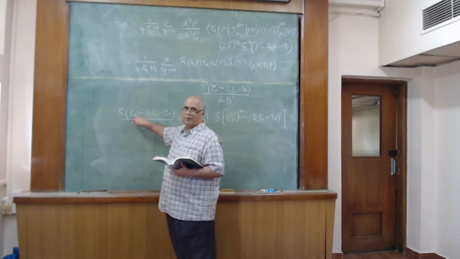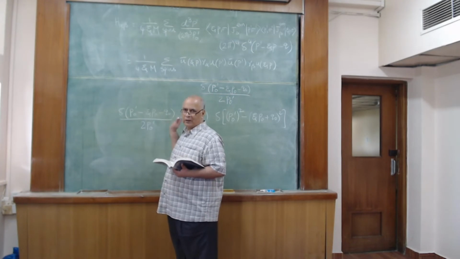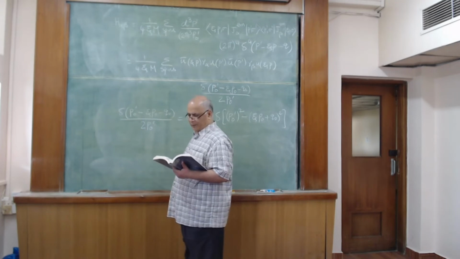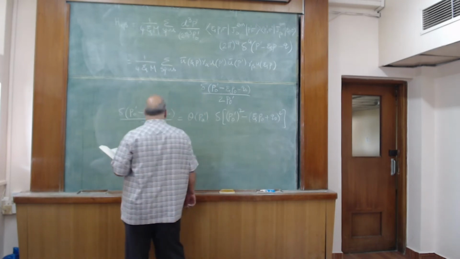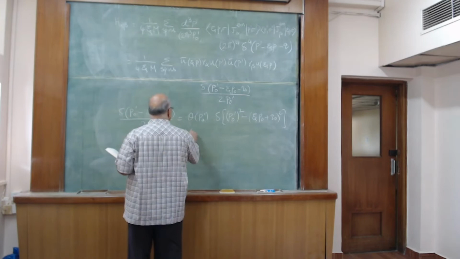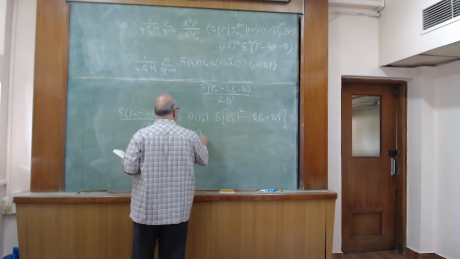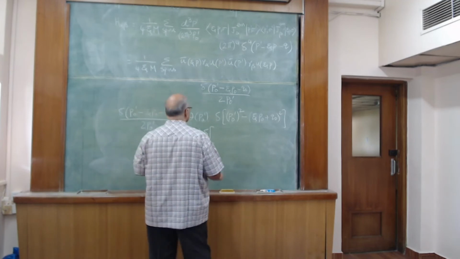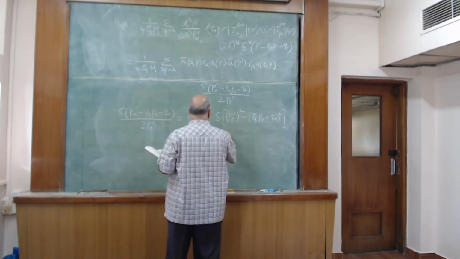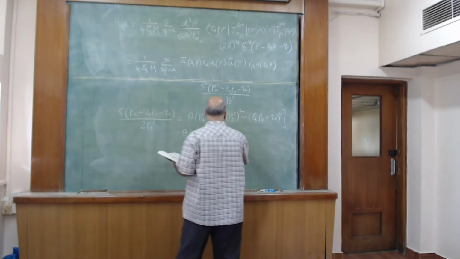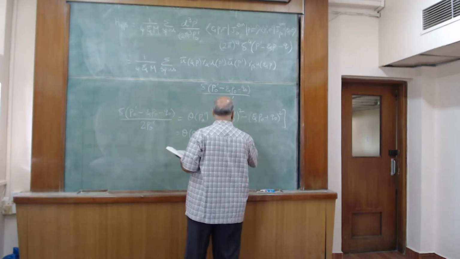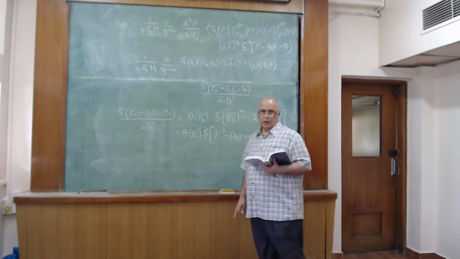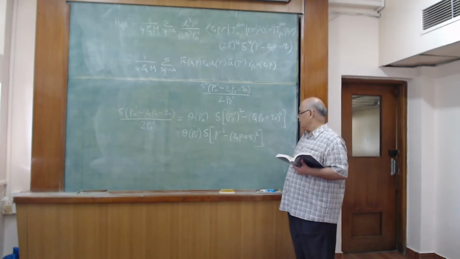This delta function of P naught prime, I wrote it as a delta function of P naught prime square. So that took care of this. But this is theta of P naught prime times delta of P prime square minus xi P plus Q whole square. Why is that?